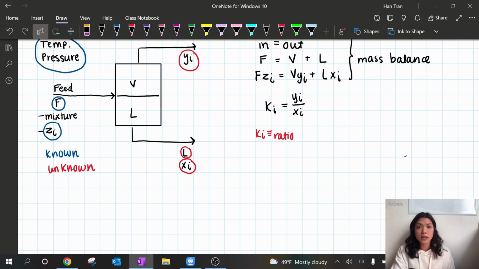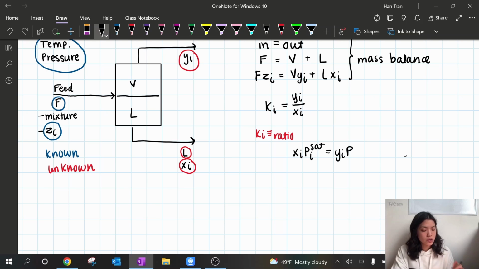Raoult's law is a topic that we covered in a previous video, which is the liquid mole fraction times the saturated vapor pressure of the component equals the vapor mole fraction times the total pressure.